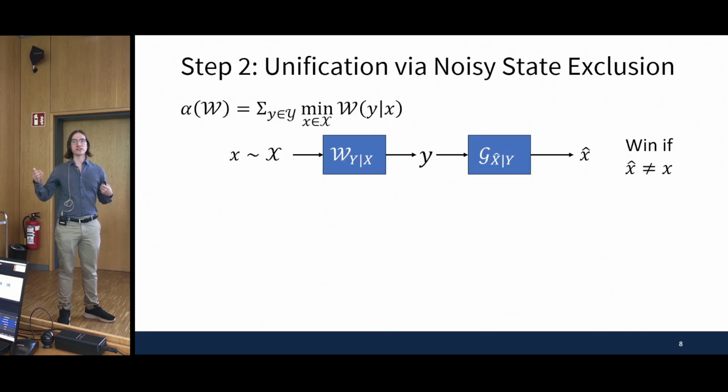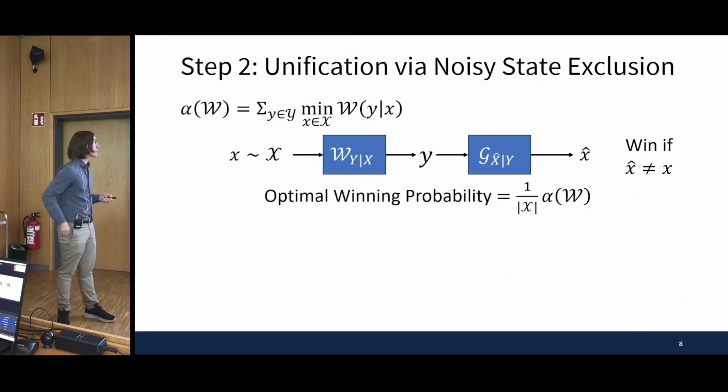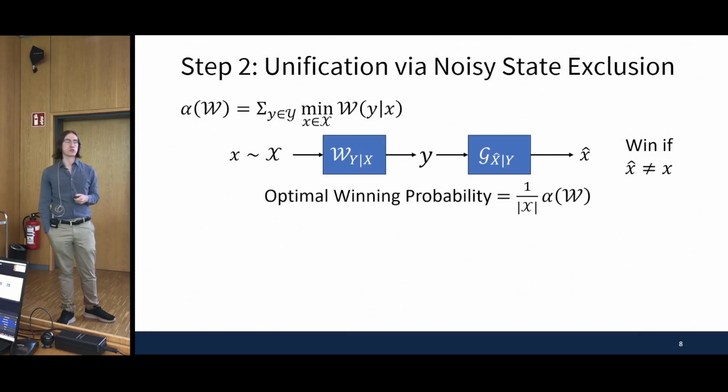Instead of state discrimination, it's like state exclusion. You're trying to guess the wrong thing. And then you can prove that the optimal winning probability of this game is just this quantum Doeblin coefficient, rescaled by the input dimension. So this is capturing this structure.